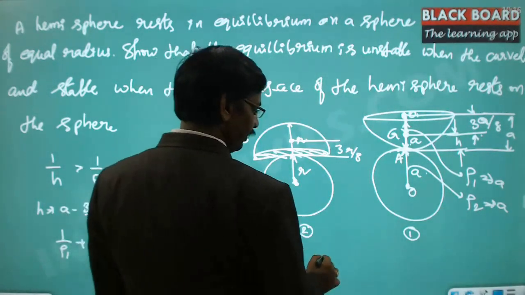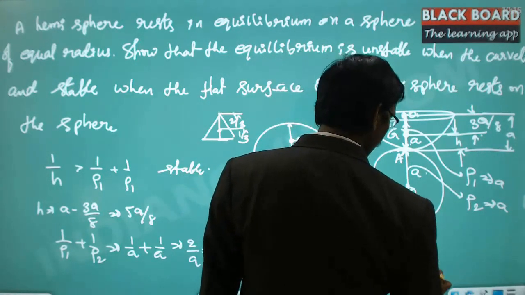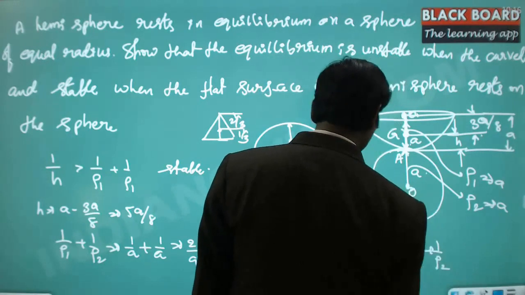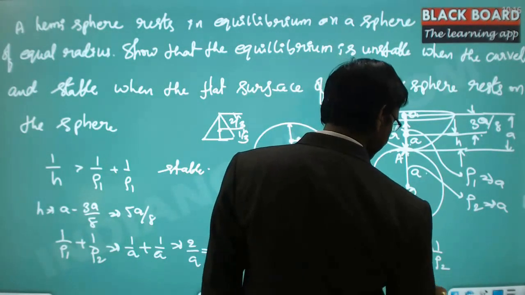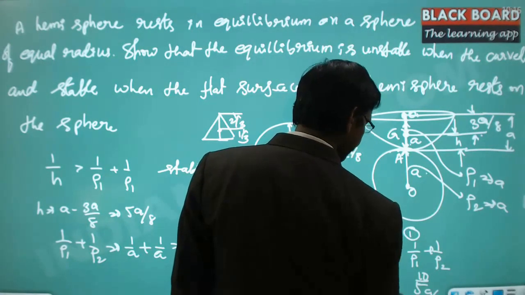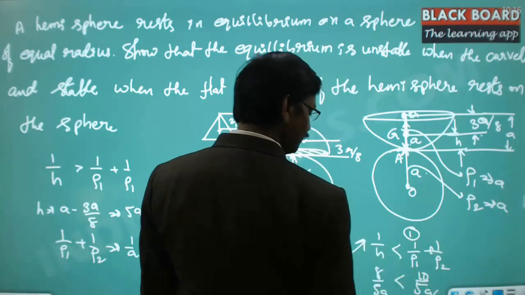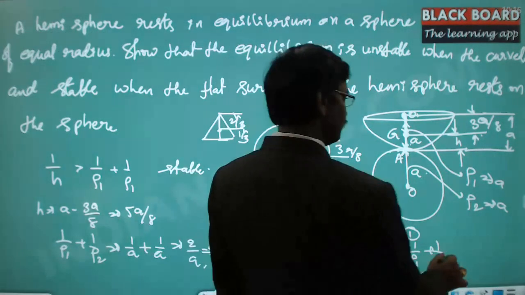So in this particular case, 1 by h and 1 by rho 1 plus 1 by rho 2. Now, here 1 by rho 1 plus 1 by rho 2 is 10 by 5a, and this is 8 by 5a. So this is less than. So obviously, if it is less than, then this is going to be unstable.